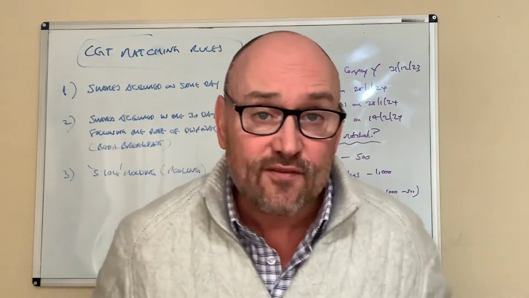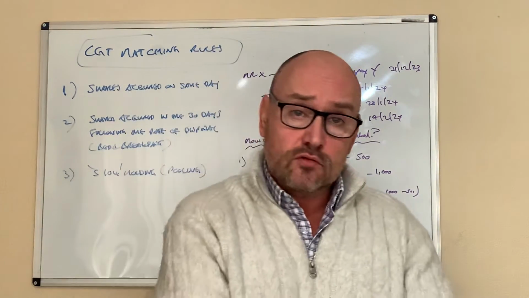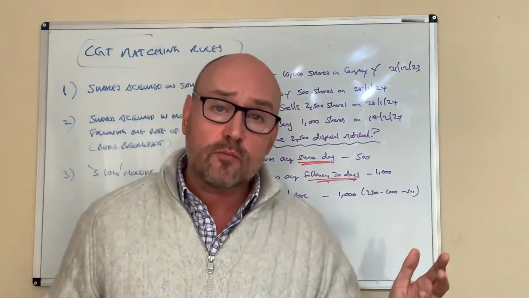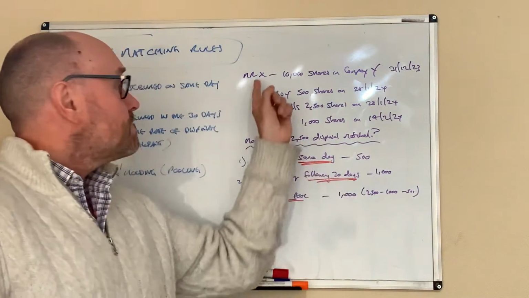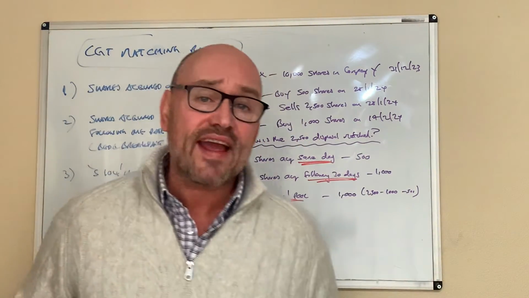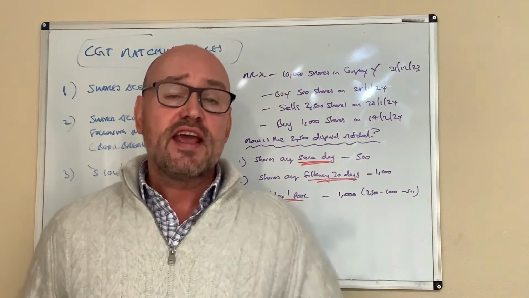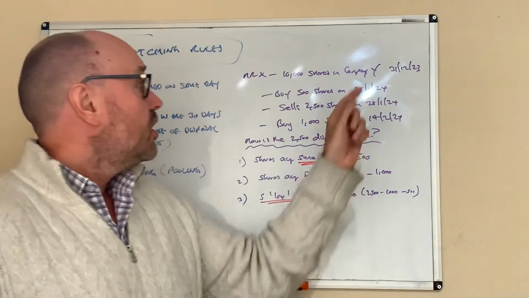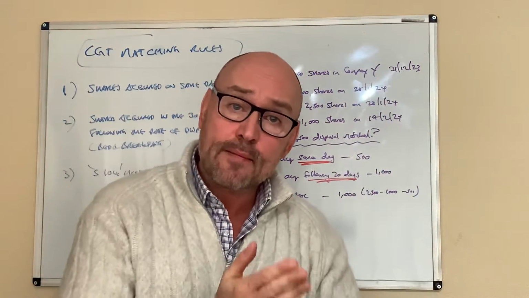So let's have a look at a worked example. Again, I've totally made up these numbers, completely random. Let's assume you've got this guy, Mr. X, who has 10,000 shares in company Y at 31st of December 2023.